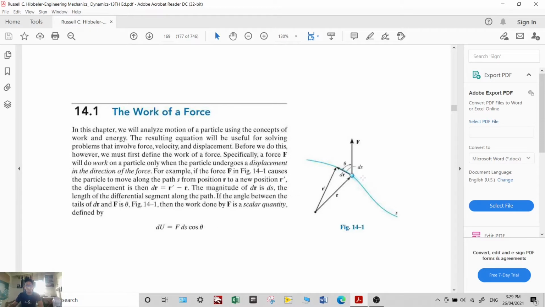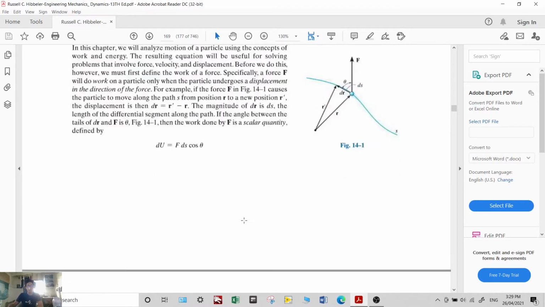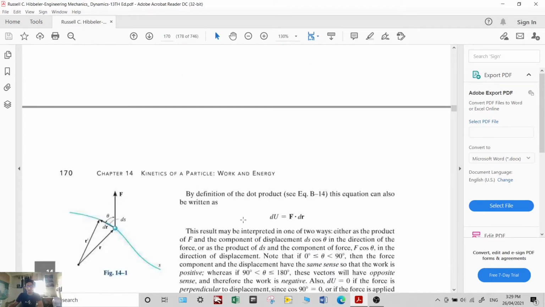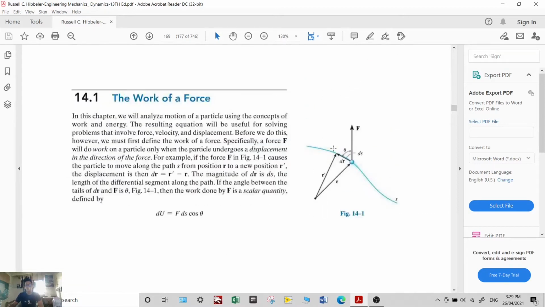In other words, we only multiply the component of the displacement that is in line, that is along F. Or in other words, we can only get work when our force and our displacement are aligned.